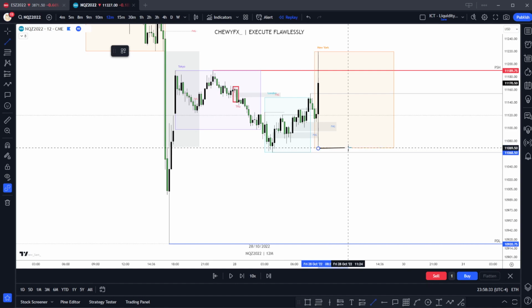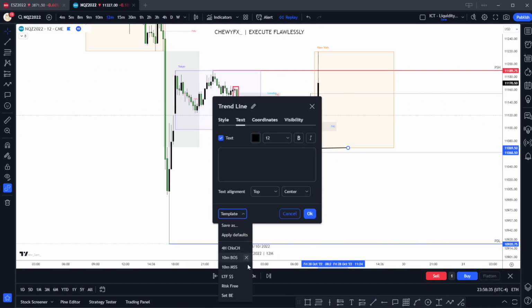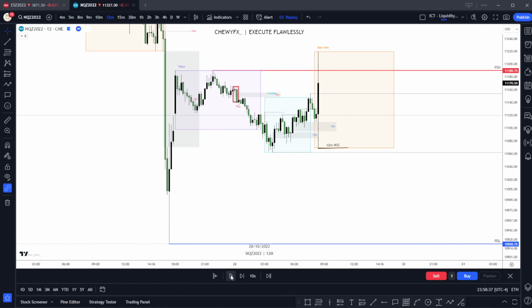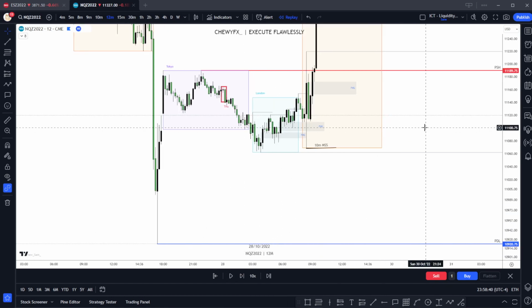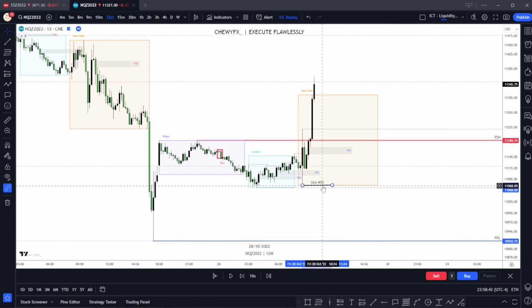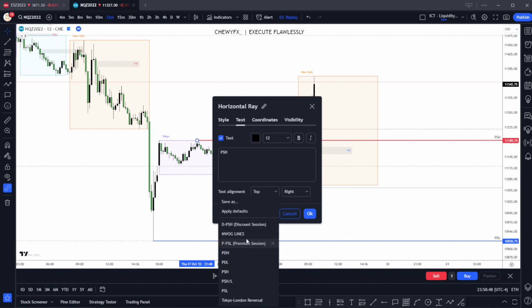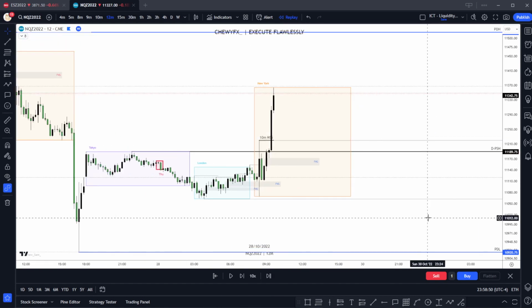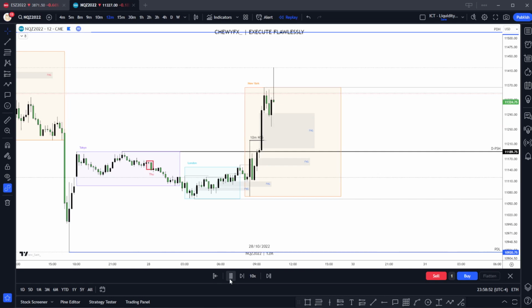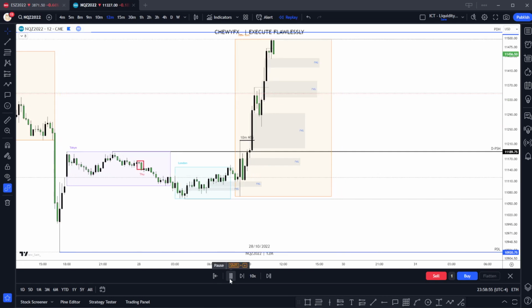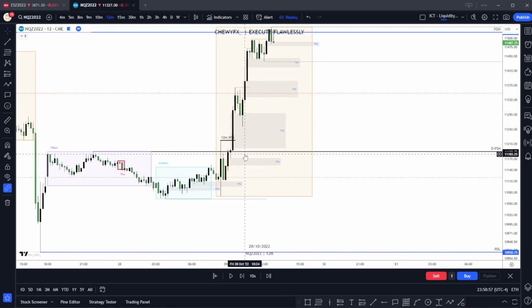I want to look for a continuation down here. Okay, the continuation does not occur. So now I want to see a reaction off of this discount array, see what happens. We just did not get that.